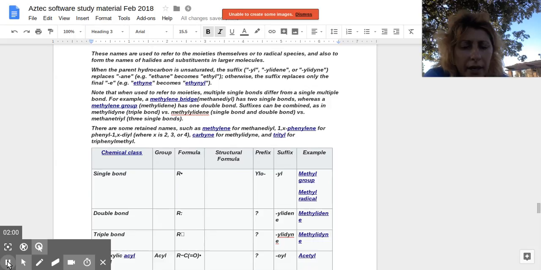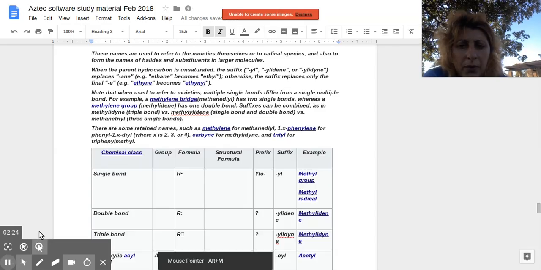When the parent hydrocarbon is unsaturated, use the suffix "yl", or "ylidene". So ethane becomes ethyl, for example.